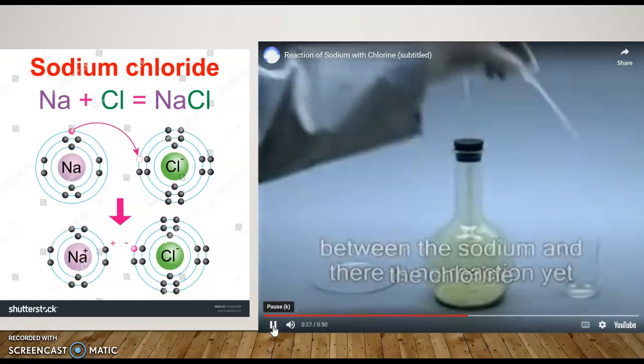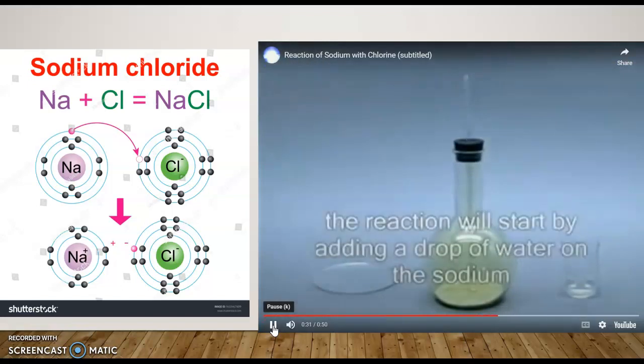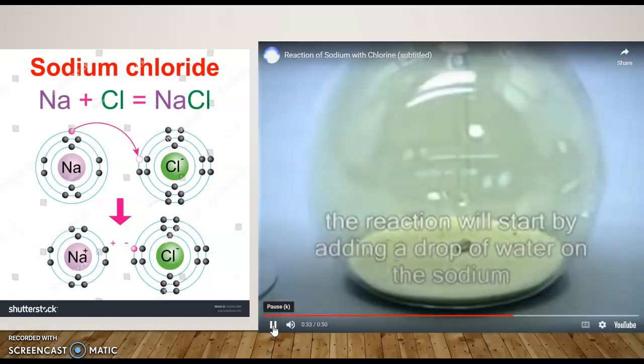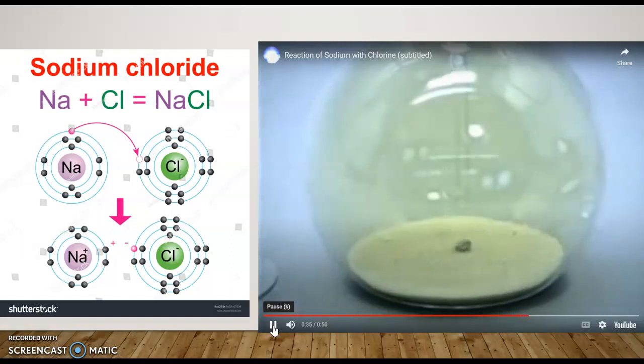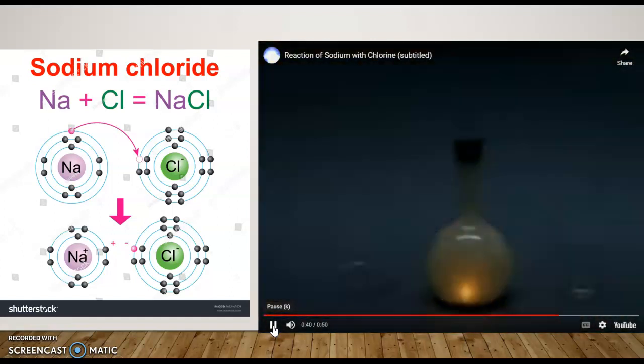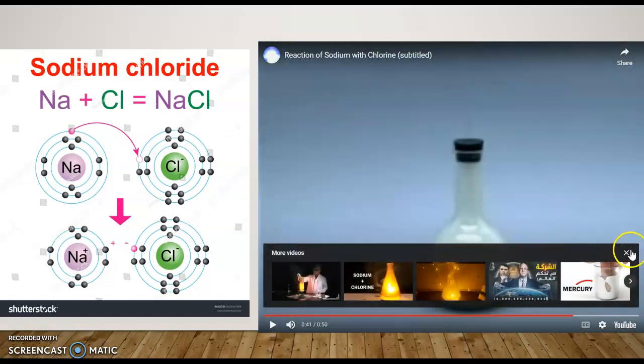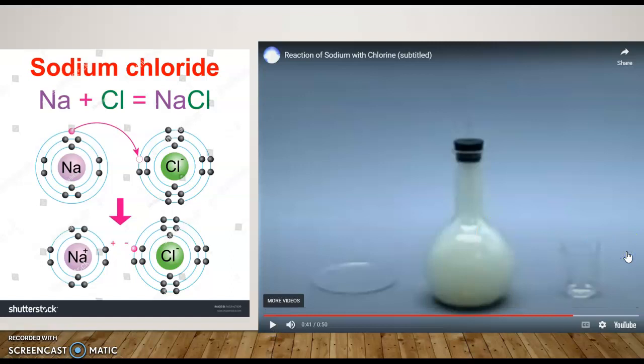Initially, no reaction is observed between the sodium and the chlorine. The reaction will be initiated by adding a drop of water to the sodium. So you have seen here the formation of sodium chloride, and it is an explosive reaction. As you can see, it releases a large amount of heat.